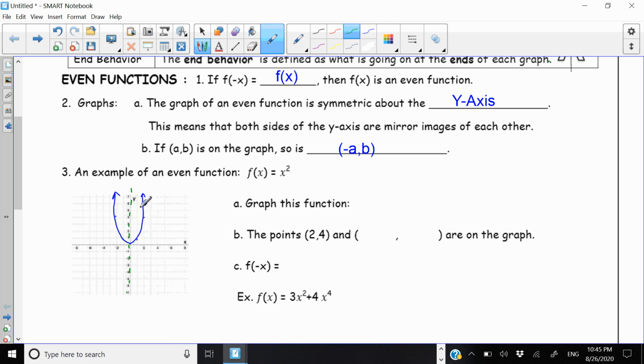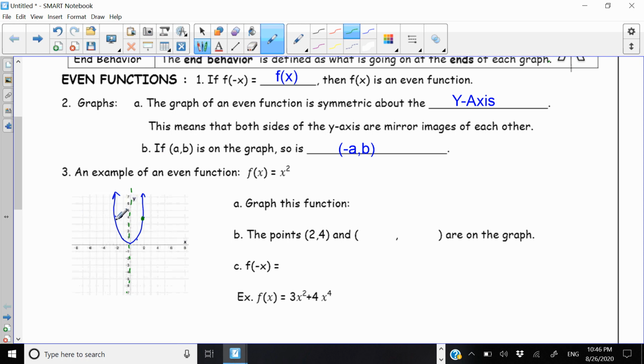So we say this is symmetry to the y-axis. If a function is symmetry to the y-axis, then we say that's an even function. This means that both sides of the y-axis are mirror images of each other. So that's about the graph. Also, it means that if a point like (a, b) is on the graph, so is (negative a, b).